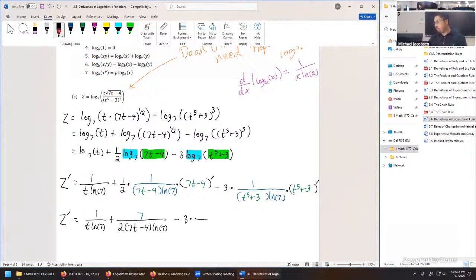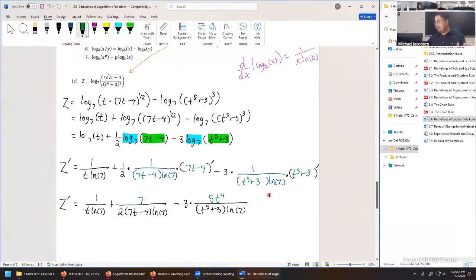Then -3 times the group, t to the 5 plus 3 times natural log 7. This derivative is also not so bad. Power rule on the first term will give us 5 times t to the 4. And the constant will go to 0 upon differentiating. So that's our derivative. And this is kind of painful, but it's usually not left in this format.